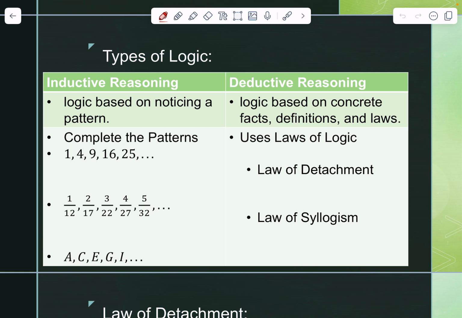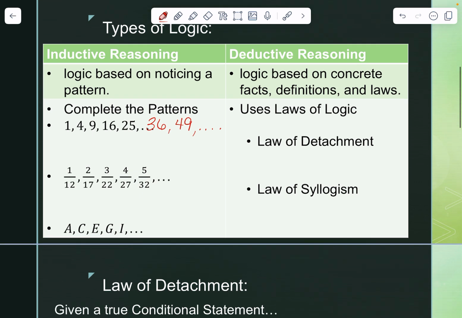We say, oh, they're perfect squares. So 1 squared is 1, 2 squared is 4, 3 squared is 9, 4 squared is 16, 5 squared is 25. So the next two in the pattern would be 36 and 49. And it would keep going. It would just be all the perfect squares.